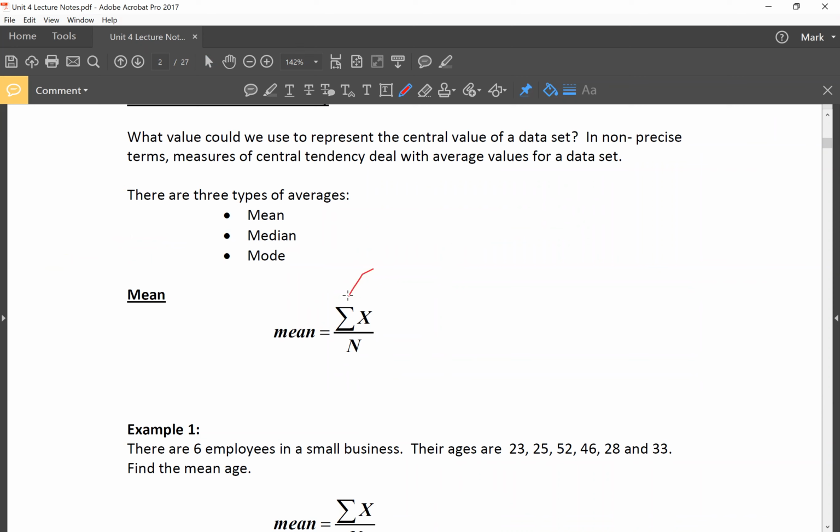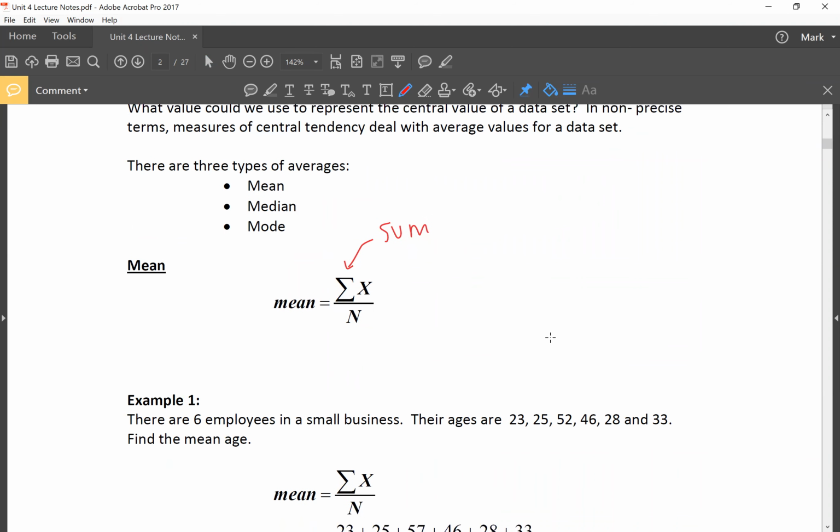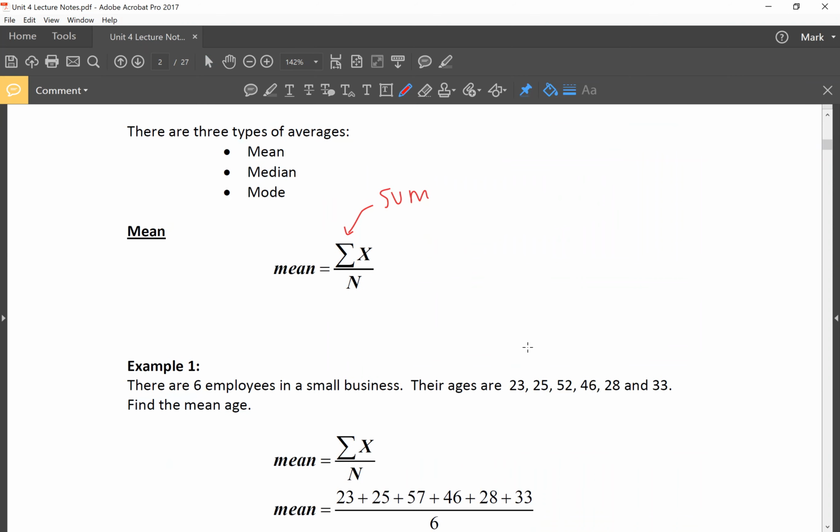This is a big sigma, which means sum. Sorry, let me try that again. Maybe I need to restart my computer or something. But sum means you add up all of the numbers in the data set, and n means you divide them by the number of numbers.